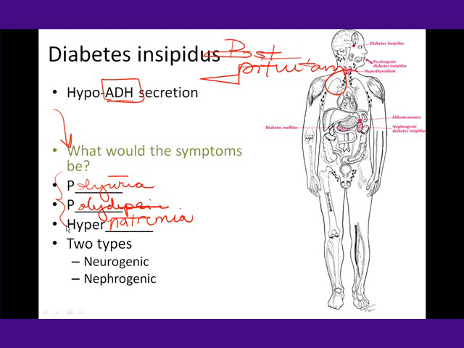Now, there are two main types of diabetes insipidus, and one type is called the neurogenic form. In the neurogenic form, you have some sort of damage to the posterior pituitary inside of the brain, and that has caused the drop in ADH secretion. That's the most common type. A less common type is the nephrogenic kind, and you can tell just by the name, nephrogenic relates to a problem with the kidneys.